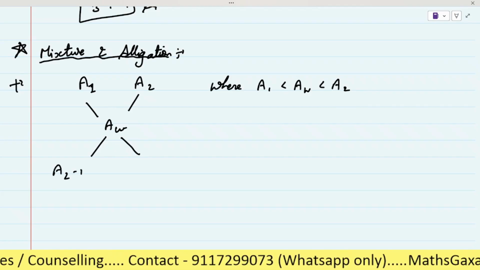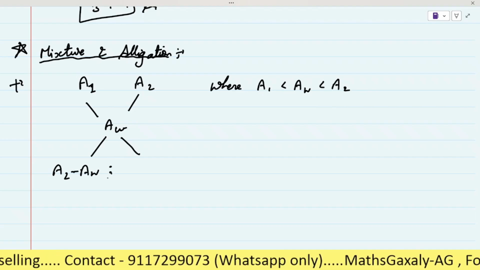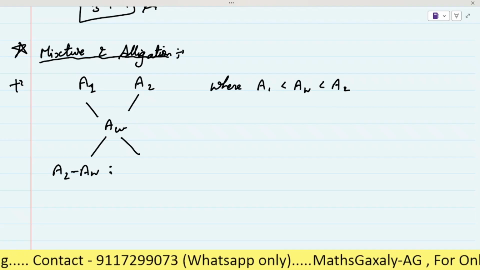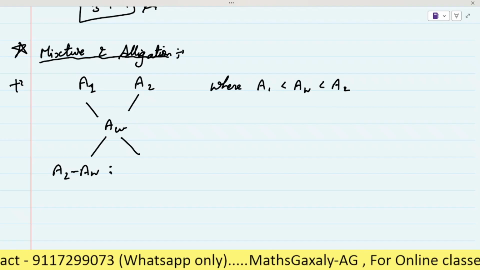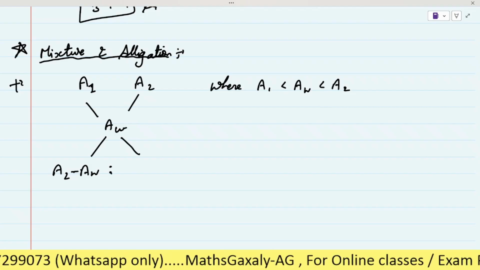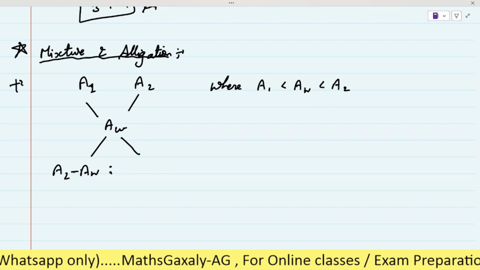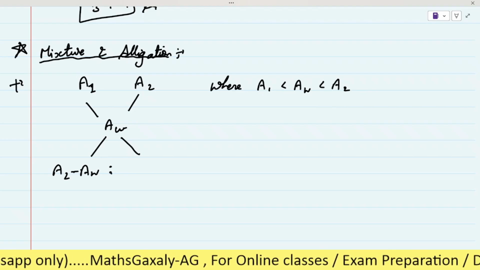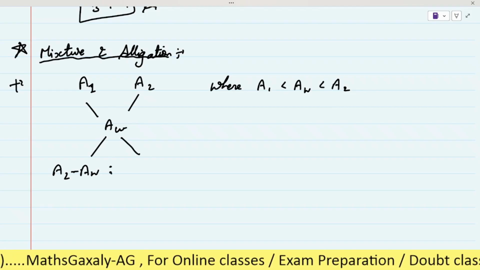Why AW is lesser than A2, you can easily understand while we do the questions. Here you have to understand the formula or the trick, and we will discuss it in detail in the questions.